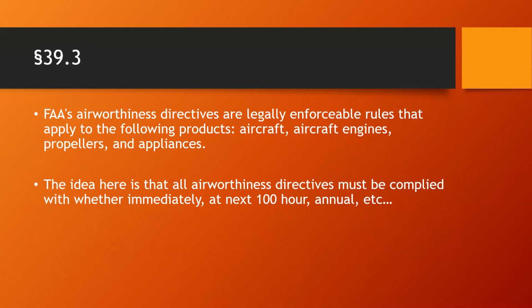So if a part is found to be faulty in an aircraft, let's say a new aircraft is certified, it's released, and you own that aircraft, and they later find out that a wheel strut has bad machining on it, and it affects all these aircraft. The FAA will put out an airworthiness directive about this, and sometimes it's enforceable immediately if it's a very serious problem. Otherwise, it'll be enforceable at the next 100-hour or annual or whatever. The airworthiness directive will specify that.